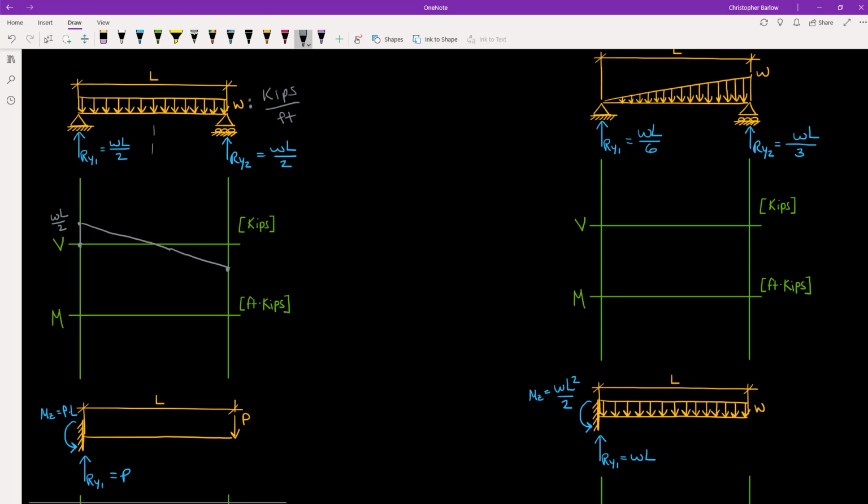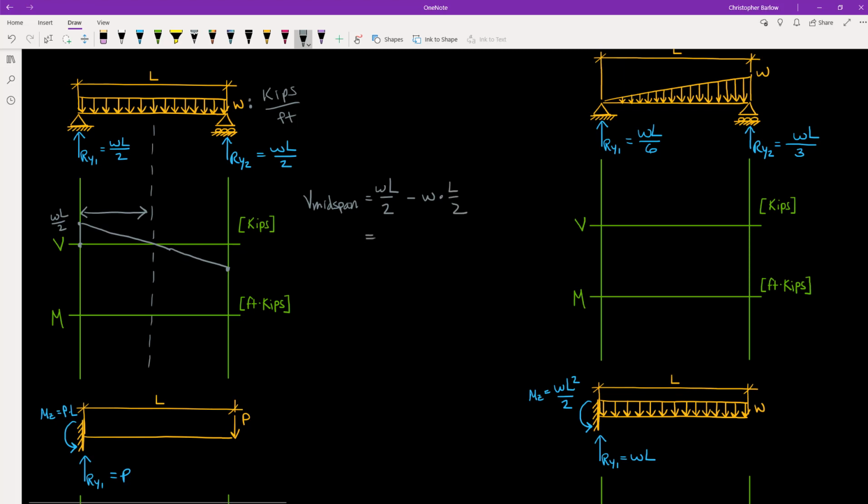And so let's calculate the shear at midspan. So shear at midspan is going to be equal to where we started, wL over 2, minus the rate that it's decreasing, which is the applied load, multiplied by the distance from where we started to midspan, which is L over 2.